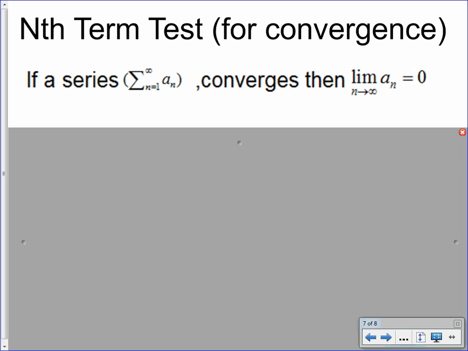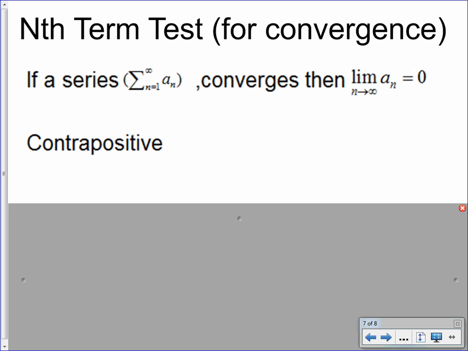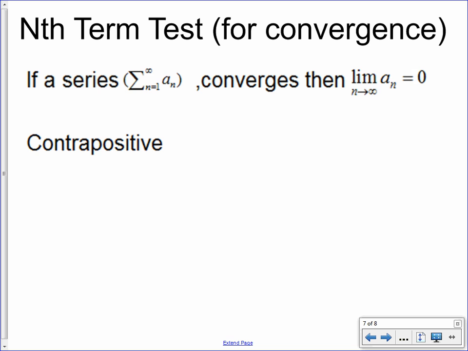Okay, if we have a statement, what other kind of statement is true? The contrapositive. Good job. So what is the contrapositive?